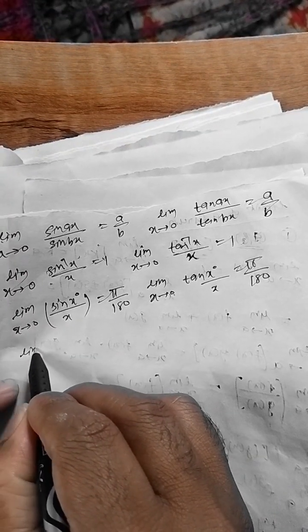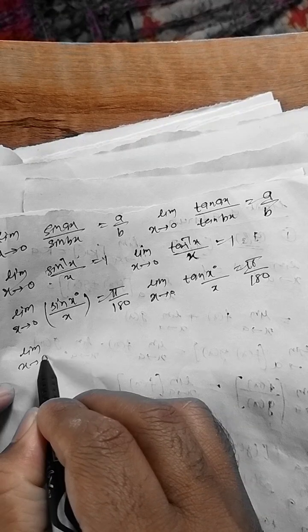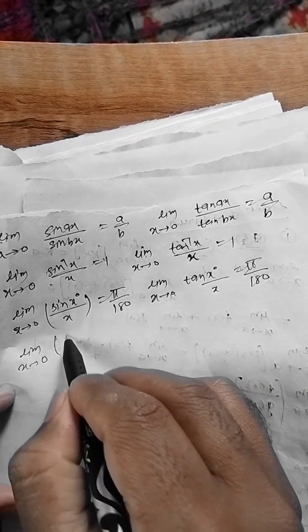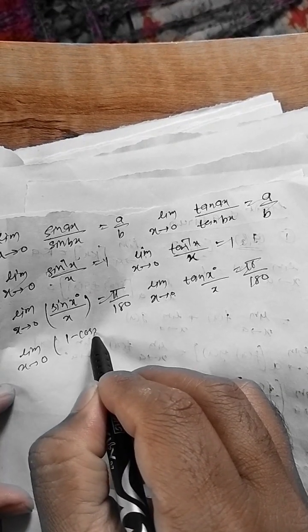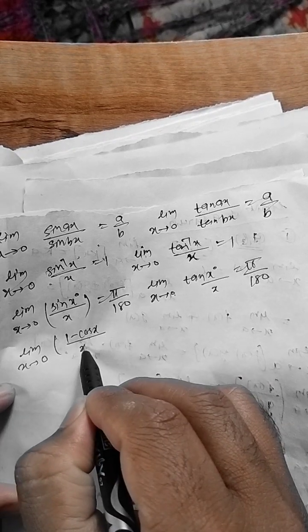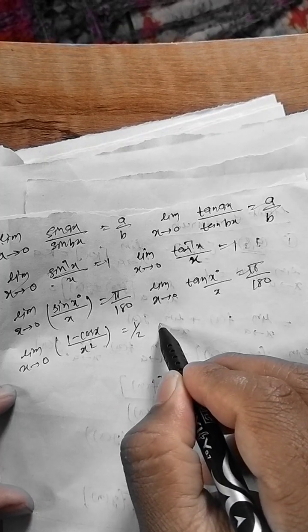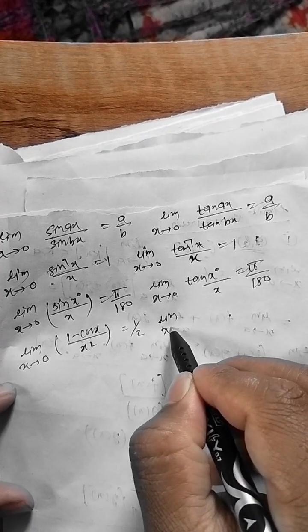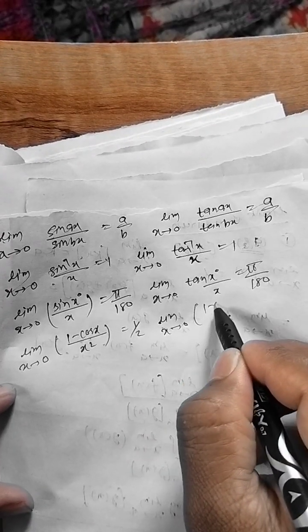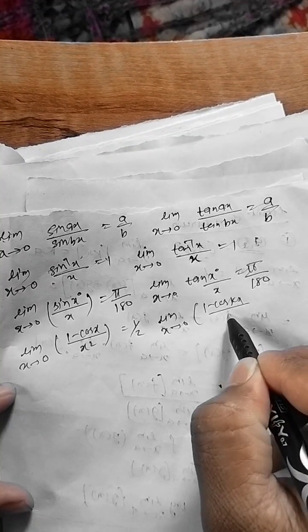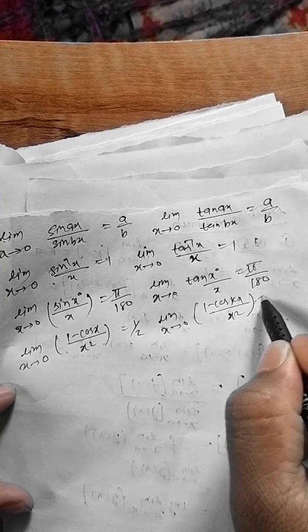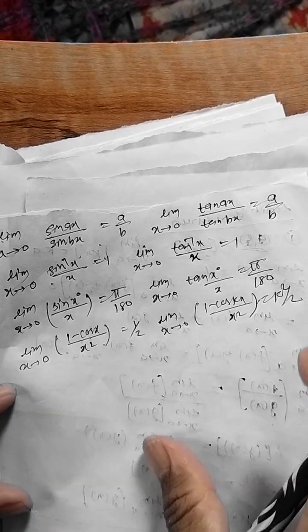Next is limit x tends to 0 (1 minus cos x) upon x square is equal to half. Limit x tends to 0 (1 minus cos kx) upon x square is equal to k square by 2.